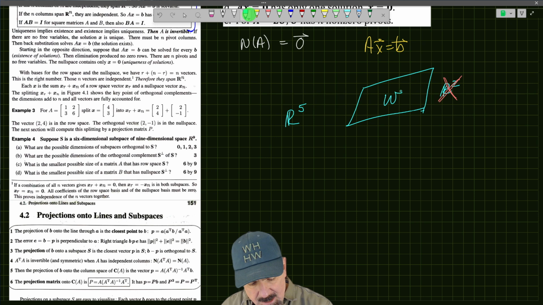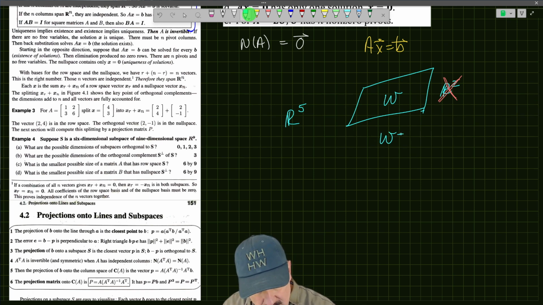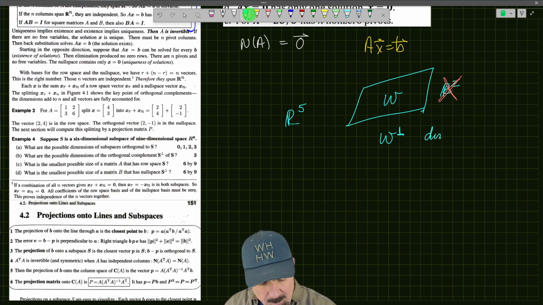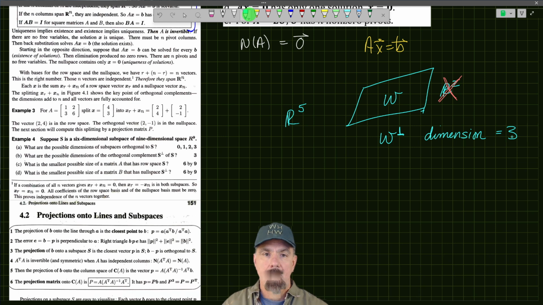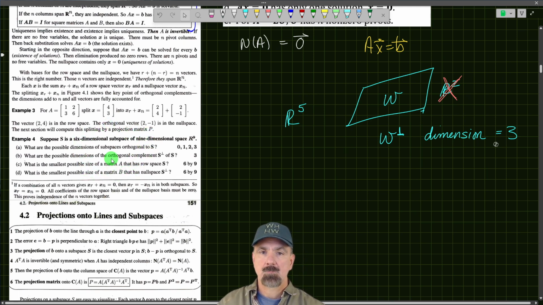If we call this plane the vector space W, the question is, what is the orthogonal complement? It's all the other vectors in R5 that are orthogonal to the plane. I can't draw you the picture. We can't see in R5. But what we do understand is the orthogonal complement has a dimension that must be equal to 3, because there are 3 dimensions left in R5 that haven't been covered by the 2-dimensional plane. That's going to help you answer the questions here in example number 4.